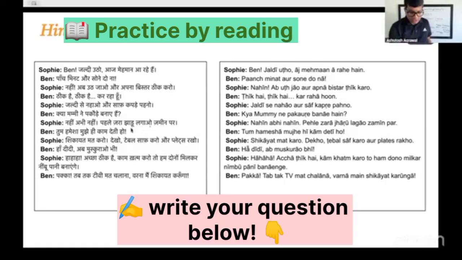So jhadu lagana is like to clean the floor basically. Pehle zara jhadu lagao zameen par. Zameen par is on the floor. Jhadu lagana is like to clean the floor with the broomstick. So this is mujhko, this is the emphasis, like you only give to me only. Mujhe he to me only. Aapko he to you only.